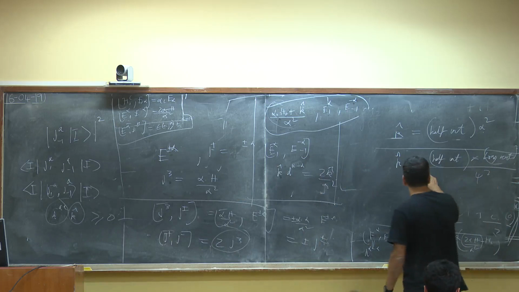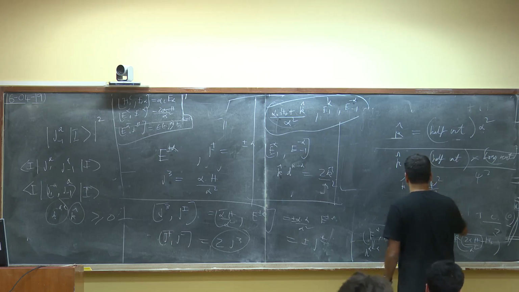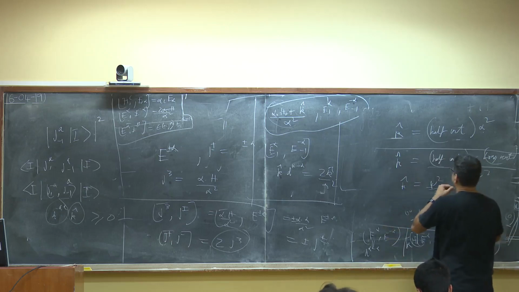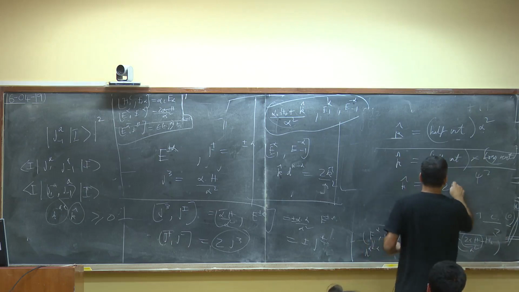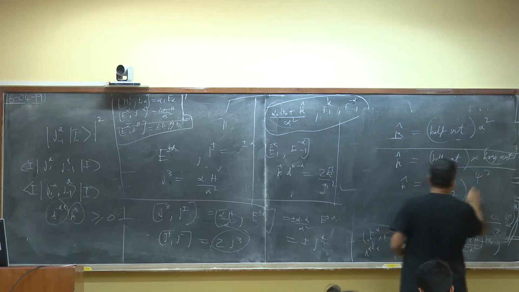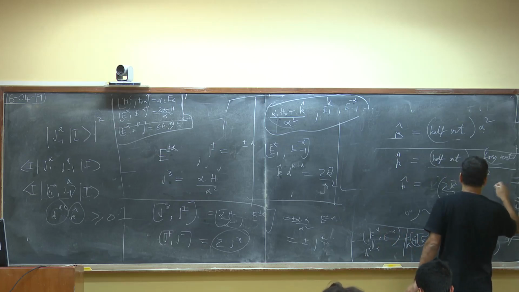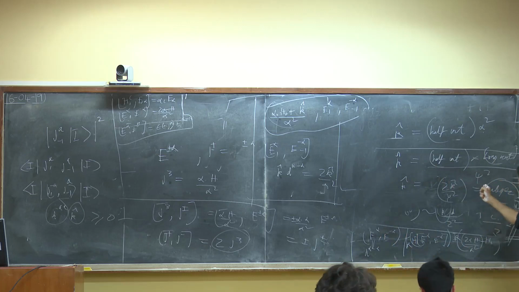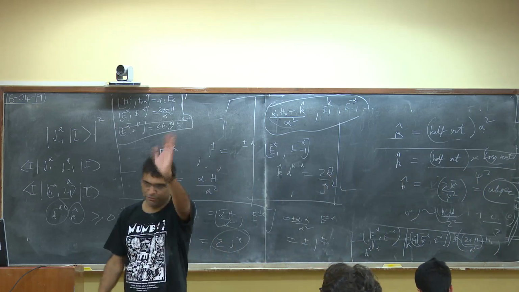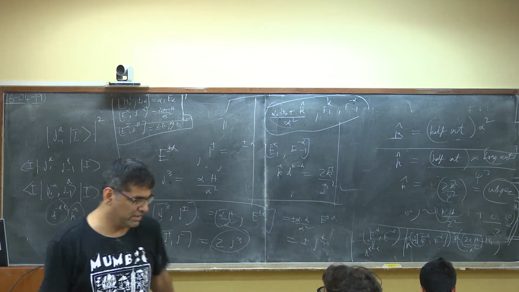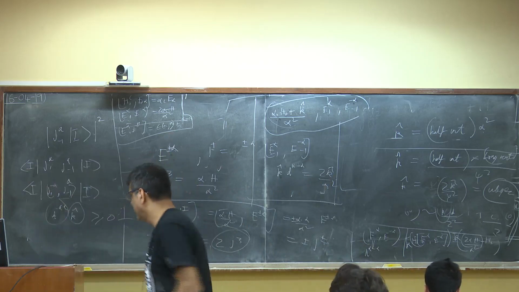So the way people write this is that k hat is equal to an integer times psi squared by 2, or more precisely, 2 k hat divided by psi squared is equal to an integer. This integer is called the level of the Wess-Zumino-Witten theory. It runs 1, 2, 3, 4, 5, 6. We've already seen it's positive in the unitary theory and goes from 1 to 3 up to infinity.